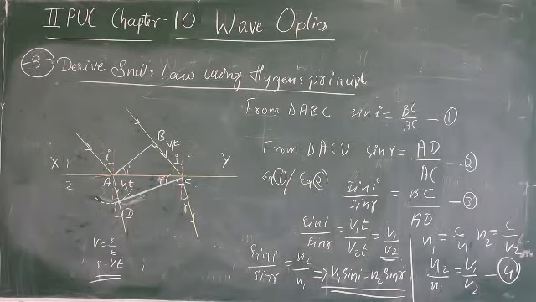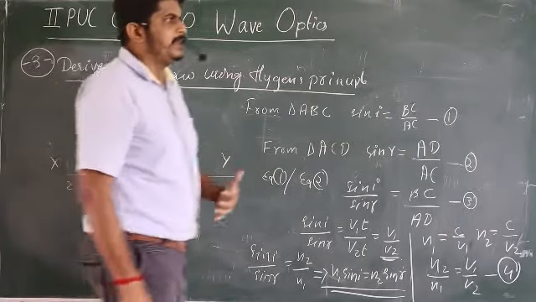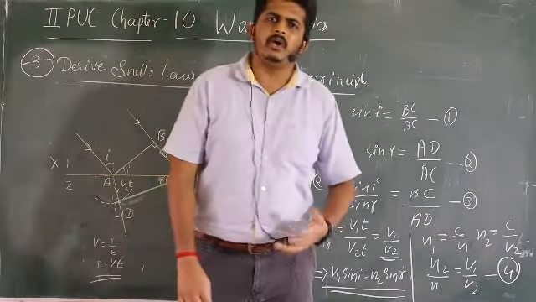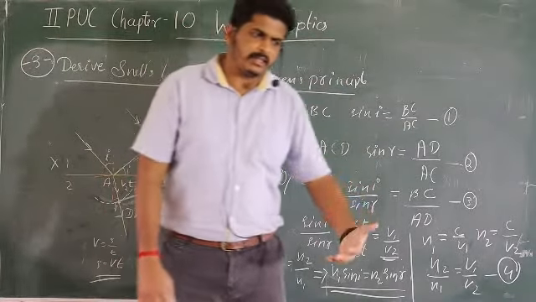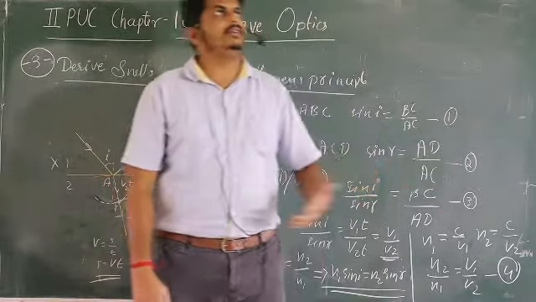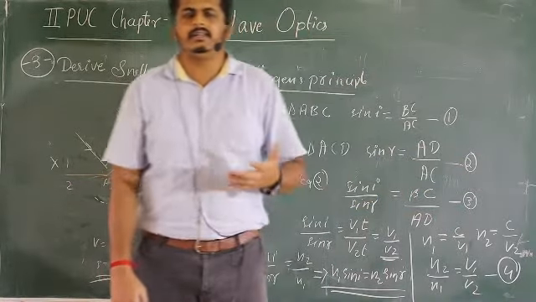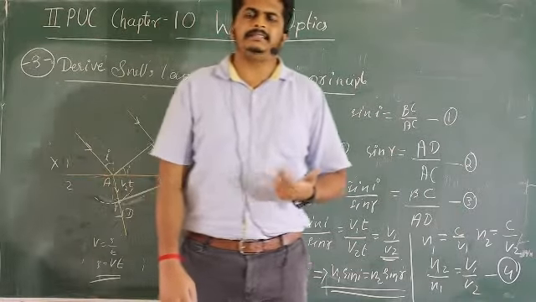So that is all about today's topic, that is introduction to wave optics. Apart from that, different types of wavefronts, how they are generated, for finite distance, infinite distance, what are the concepts we have to learn regarding the wavefronts. I think you understood that and it's clear for you.